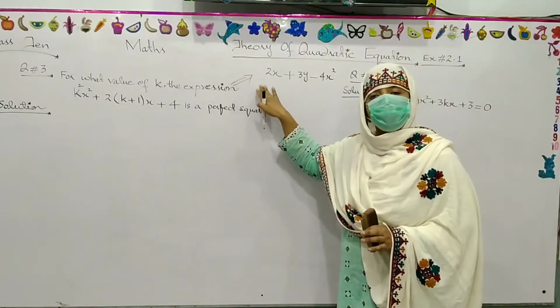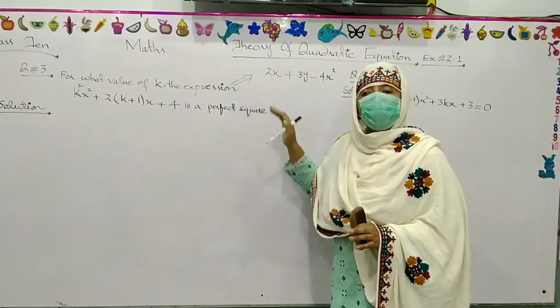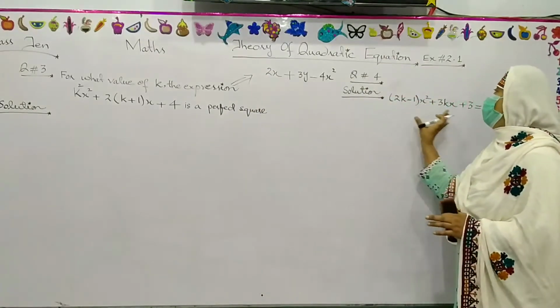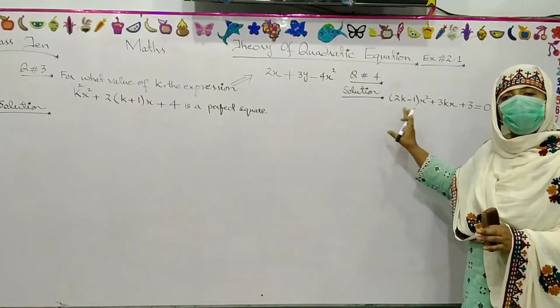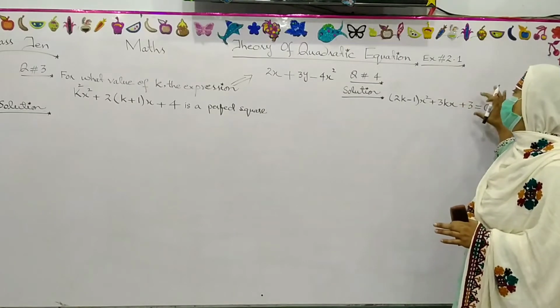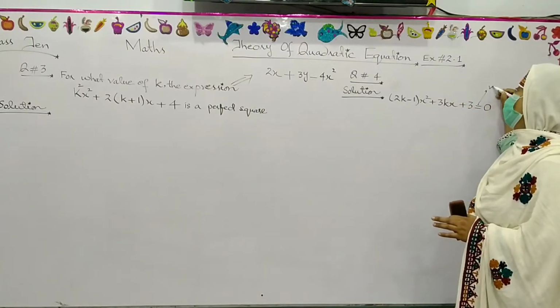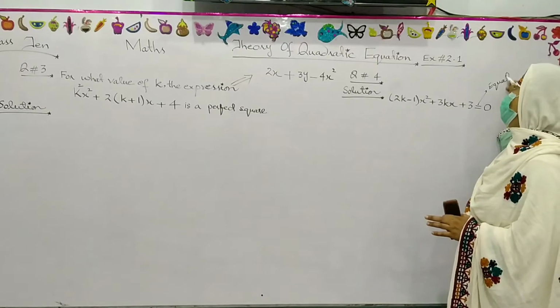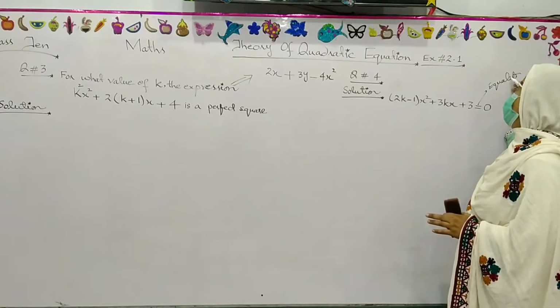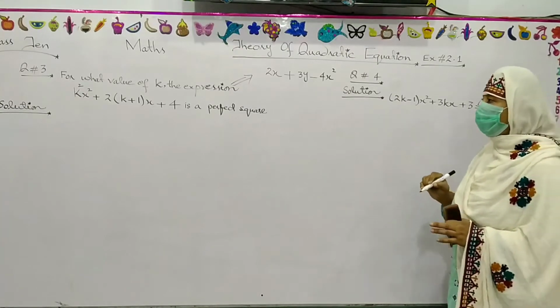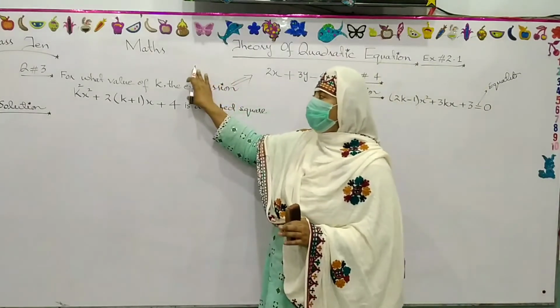become an algebraic expression. And when two algebraic expressions are connected or related by a sign of equality, such type of relation is known as an equation. So, what is expression?